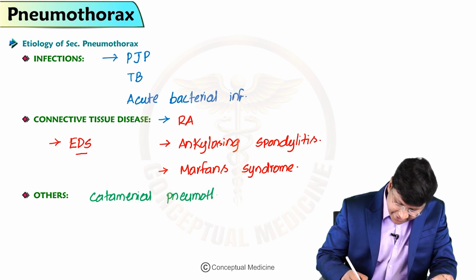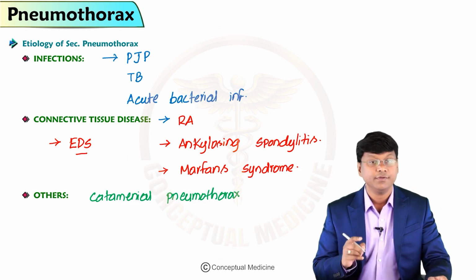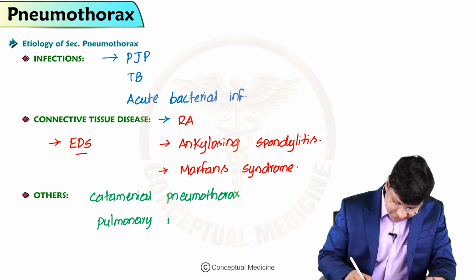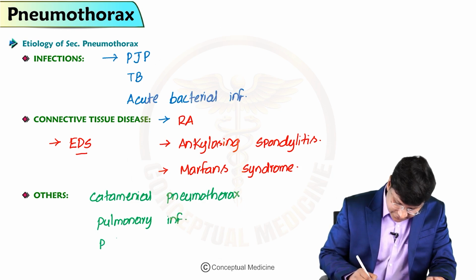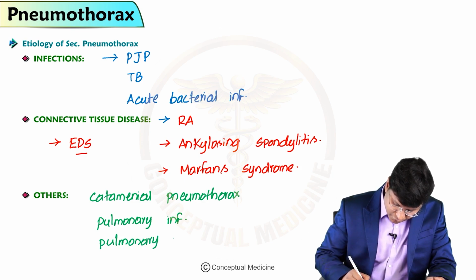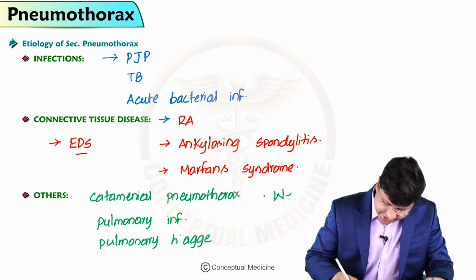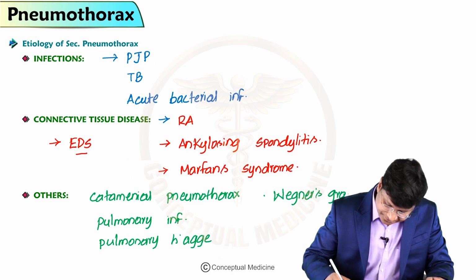Next to catamenial pneumothorax, we have pulmonary infarction, which can cause pneumothorax, then pulmonary hemorrhage, then a small vessel vasculitis, that is Wegener's granulomatosis.